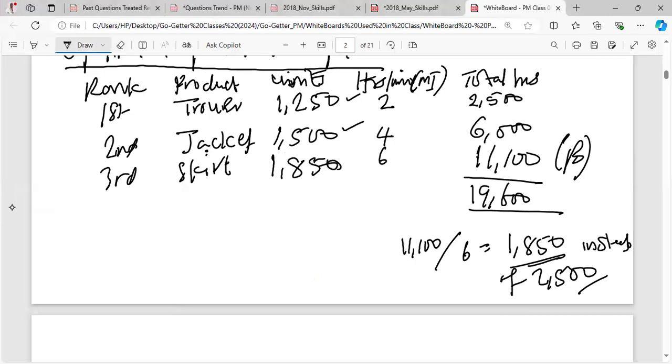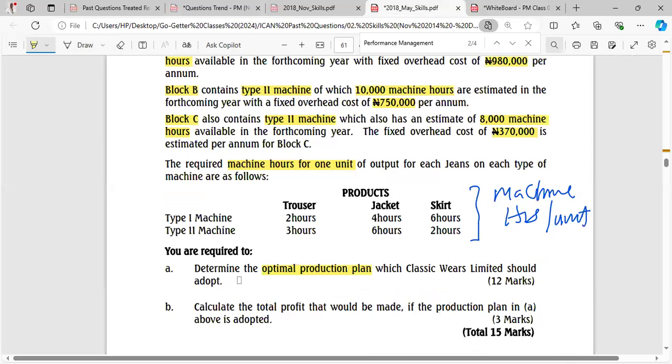Of course, 1,850 times 6 gives 11,100. So trousers is not limited; we can satisfy everything. Jacket was not limited; we can satisfy everything. But we cannot satisfy everything of skirts. We can satisfy what our machine 1 hours can carry, because you cannot do more than your machine can carry.